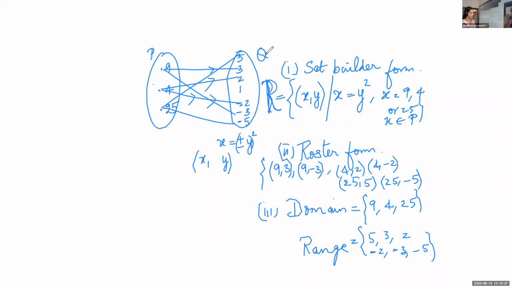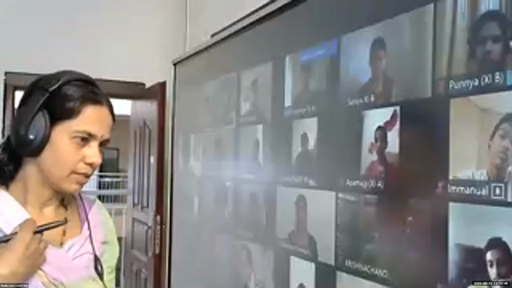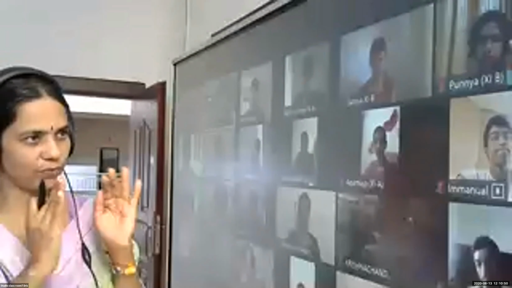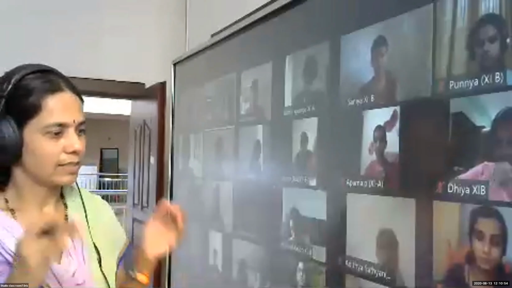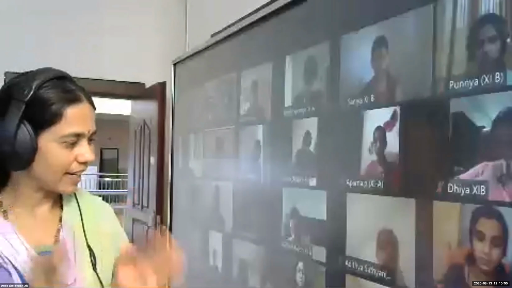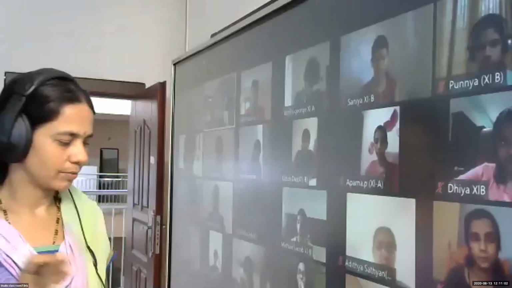The collection of all second elements gives the range. Once a relation is given, the collection of first elements in the relation gives the domain. The set of all second elements will give the range.